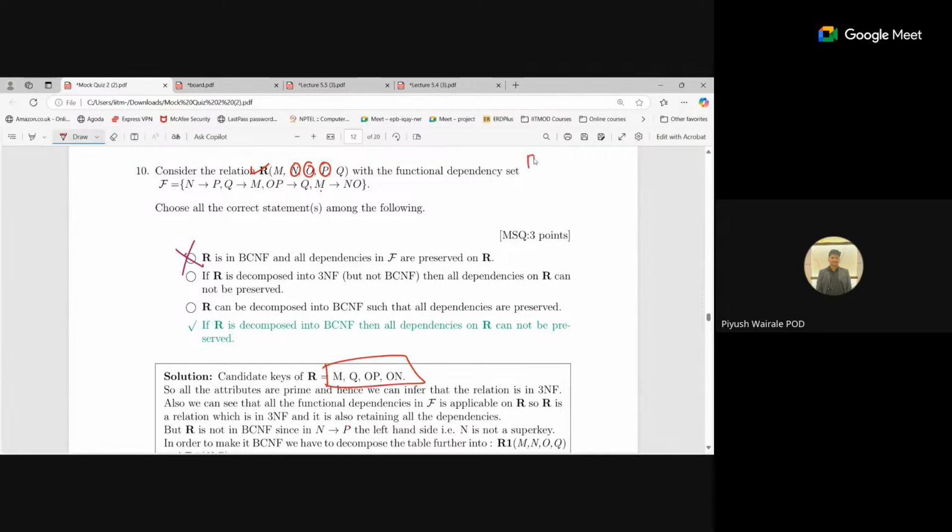Now what is prime attribute here? M, Q, O, P, N. Correct? Yeah. All are prime attribute. We don't have any non-prime attribute here, right? Is this correct? Yes, sir. Then what to do? Check 2NF condition. Is 2NF condition there?